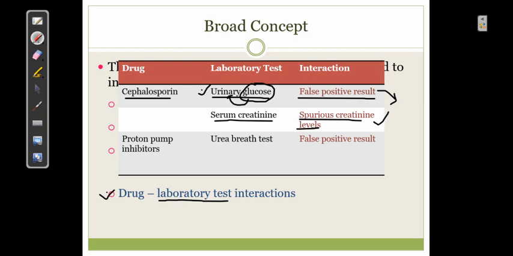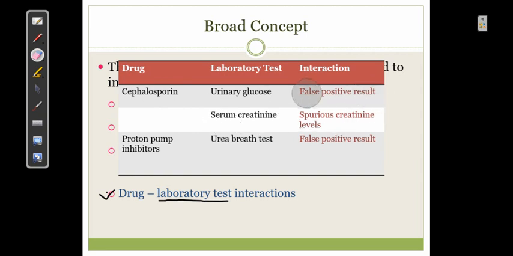The presence of a normal level of creatinine is considered a very important biochemical parameter for the normal functioning of the kidney. If the serum creatinine is found higher, the laboratory technician will interpret that the patient may be having a kidney-related problem, that renal failure is the case.